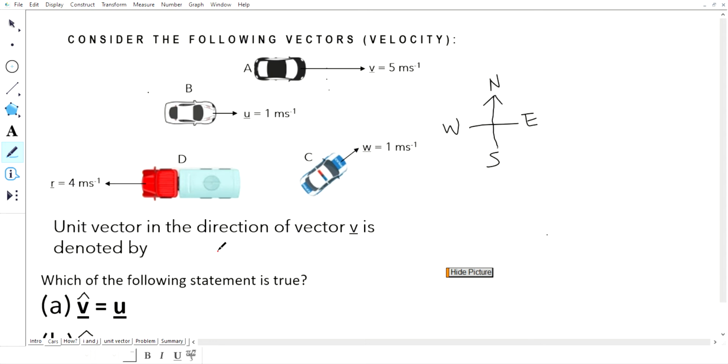You draw the symbol for vector V, then you add a hat above the symbol. Now this is the symbol for unit vector in the direction of vector V.